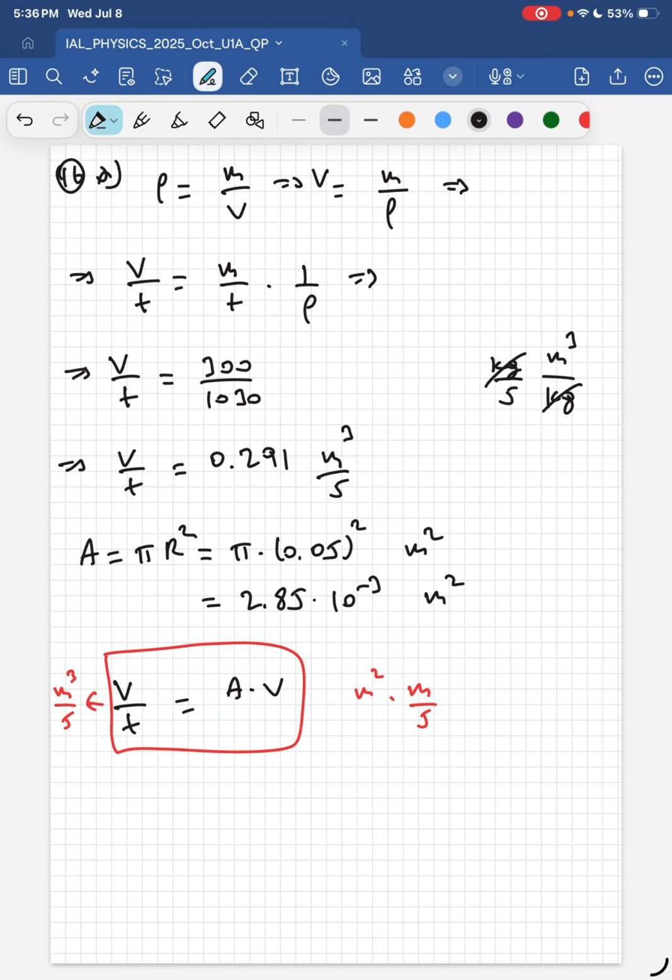So velocity is volume per time divided by the cross-sectional area, and this gives us 32.1 meters per second. Let me check my calculations again. Sorry, 37 is the answer. I don't know why I wrote 32. So 37.1. Okay, so yeah, that's the answer.